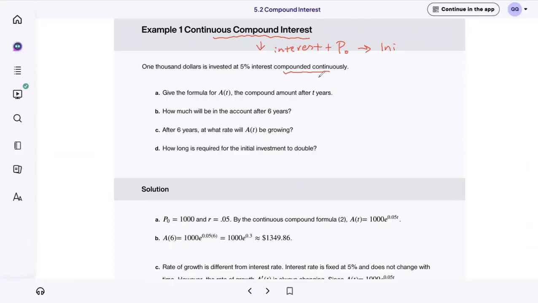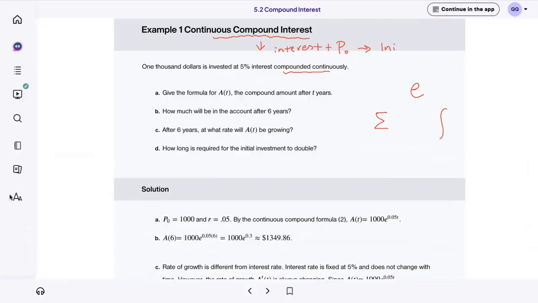Later on, we're going to see this Euler number more clearly. What does this Euler number do? The Euler number is basically like a bridge from a finite world to an infinite world. We'll talk more about this.